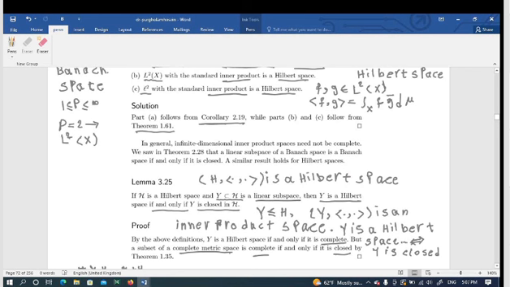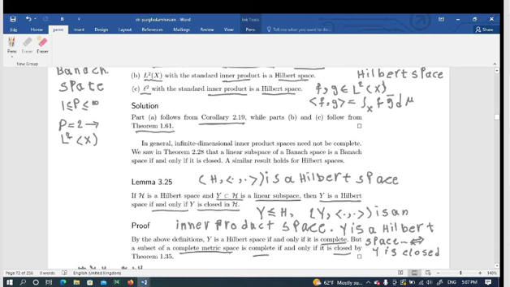And let Y be a linear subspace of H. Then Y is a Hilbert space if and only if Y is complete, and Y is complete if and only if Y is closed.